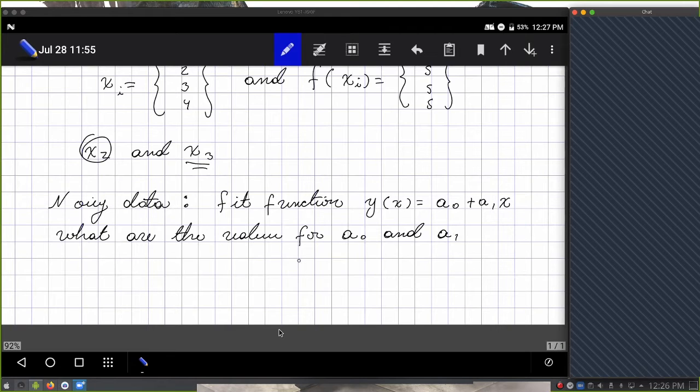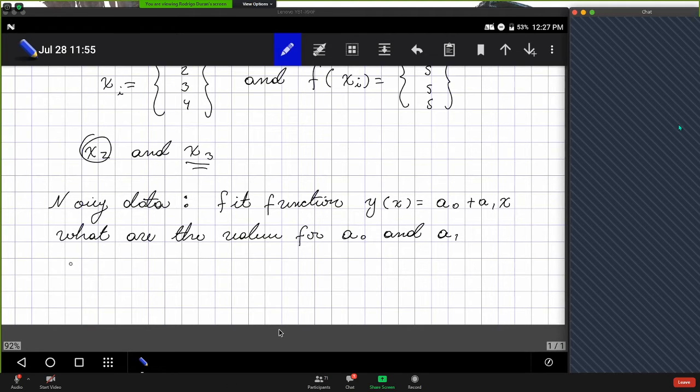But most importantly, something that they're going to ask you is to come up with the set of equations. This will come first, and then from this you find the second one. You have to come up with the system of equations.